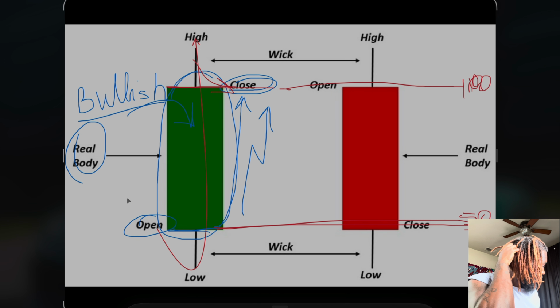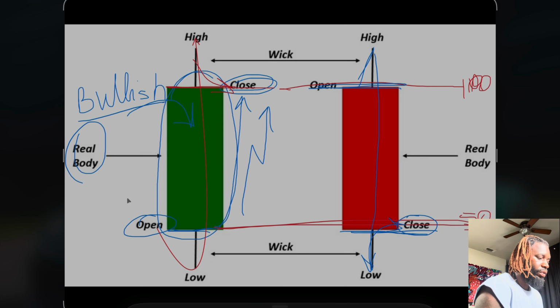Okay. And then it's the same over here, right? Except in reverse, right? So price opened here, right? It went as high as this point, it went as low as this point, and then it ended up closing at this level right here, right?